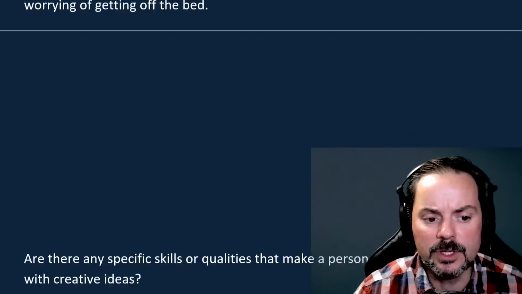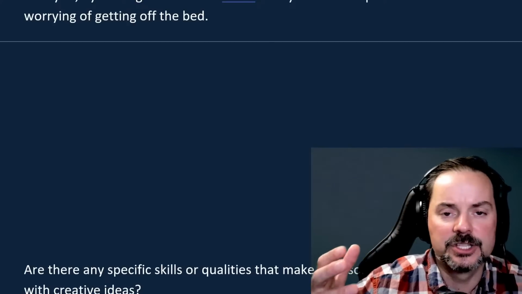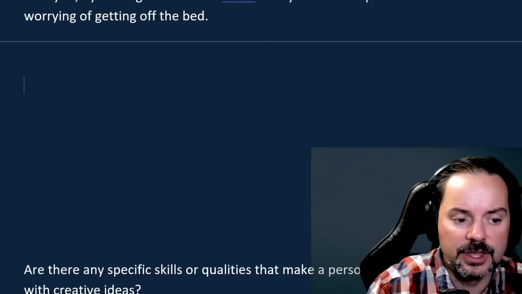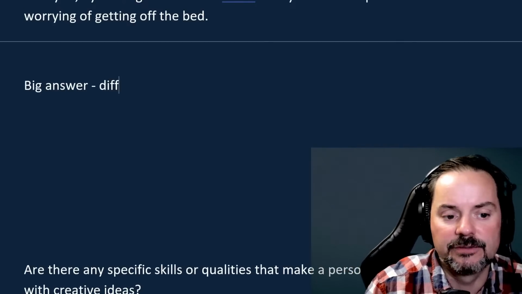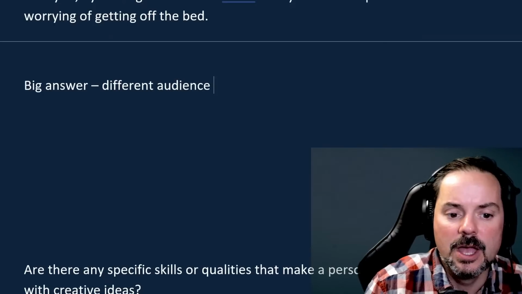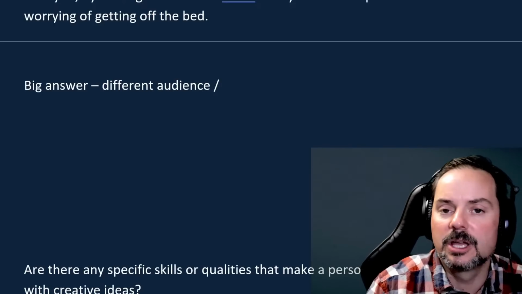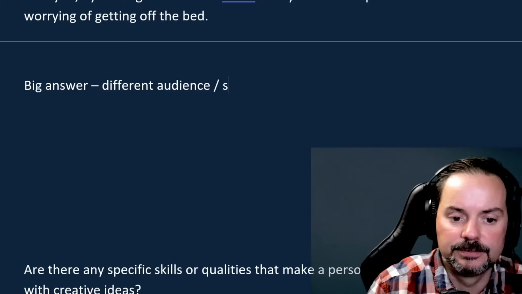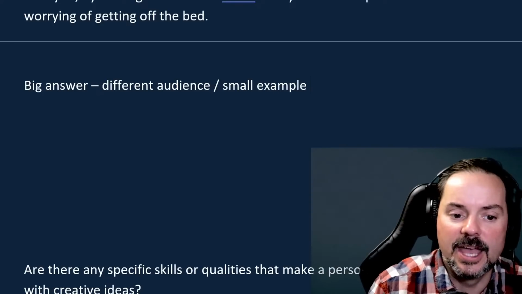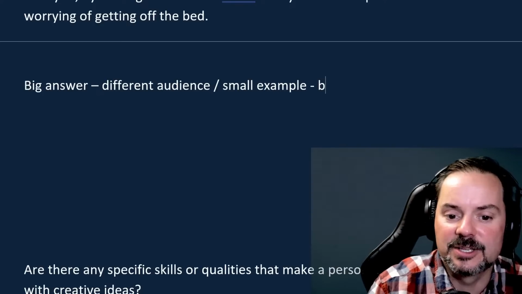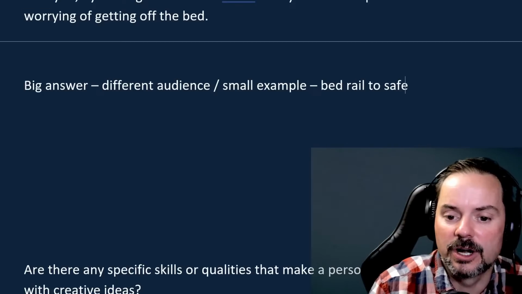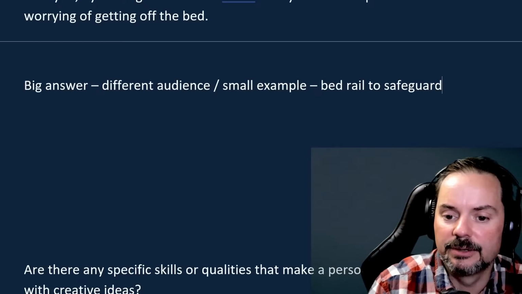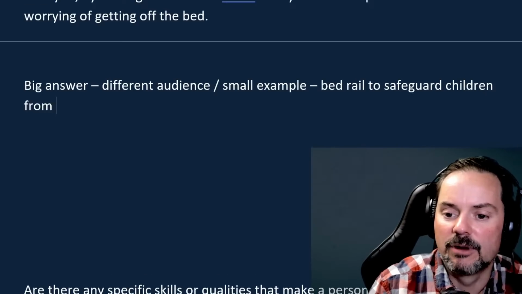So when we think about our answers, when we think about our ideas, we want to think about the big answer, right? The big answer is different audience. And then we also want to think about the small example. And your small example here is a bed rail to safeguard children from falling off the bed.